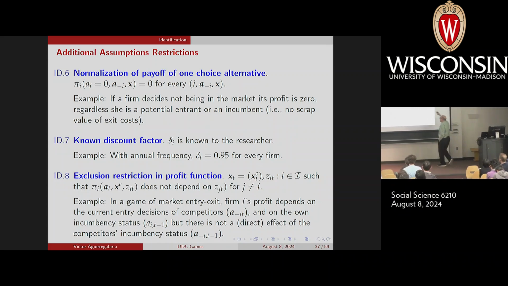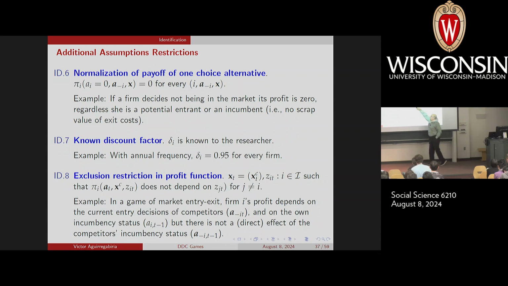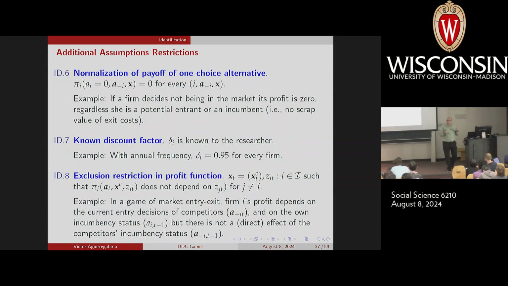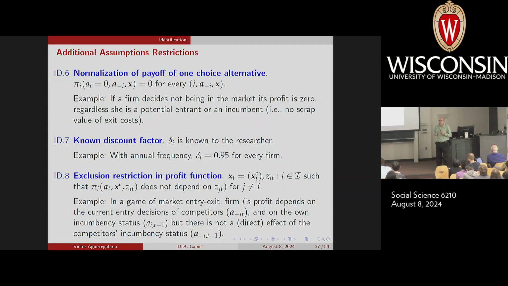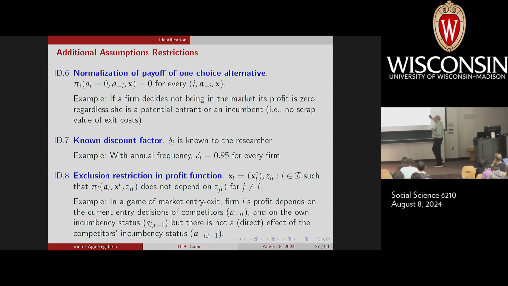Then the typical type of exclusion restriction is that the vector of state variables contains firm-specific state variables. For instance, in the model of investment in quality, every firm has its own stock of quality, okay? That is going to affect its profit. Then what is the exclusion restriction?